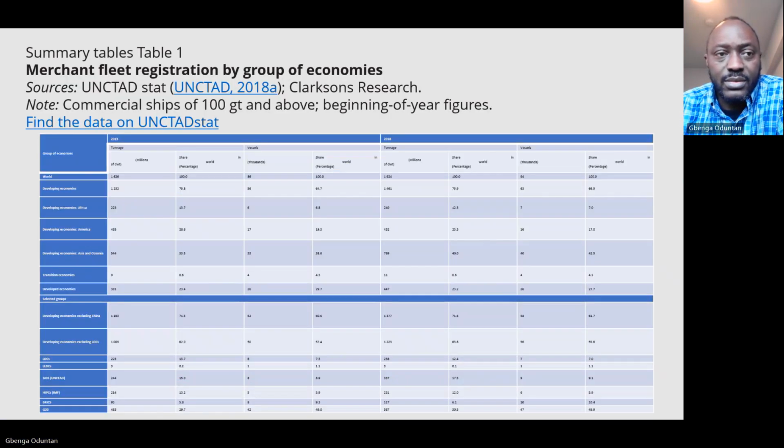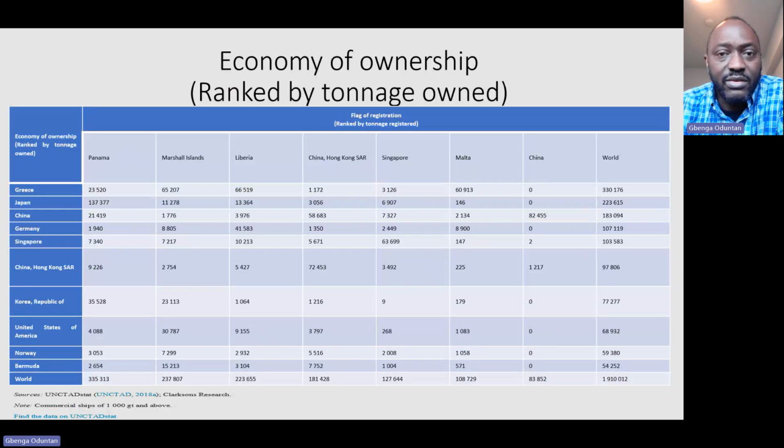But it boils down to the fact that more and more states are involved in maritime transportation. More and more states are represented in the success of carriage of goods by sea. There will be positive and there will be negative sides to the story.